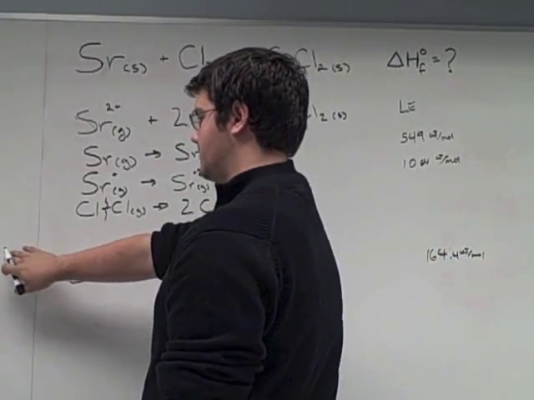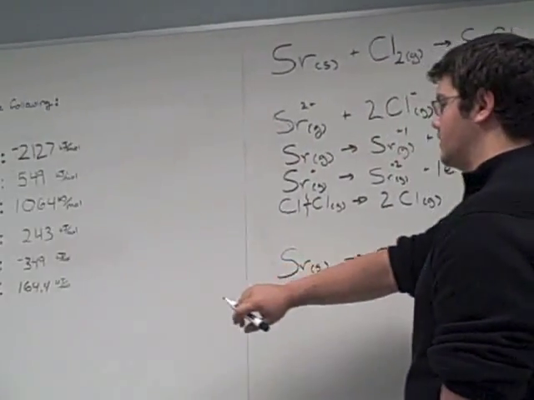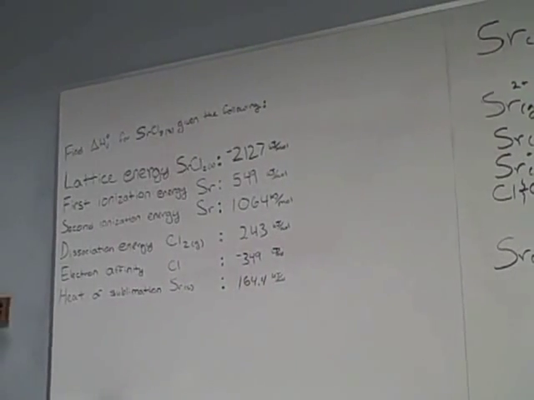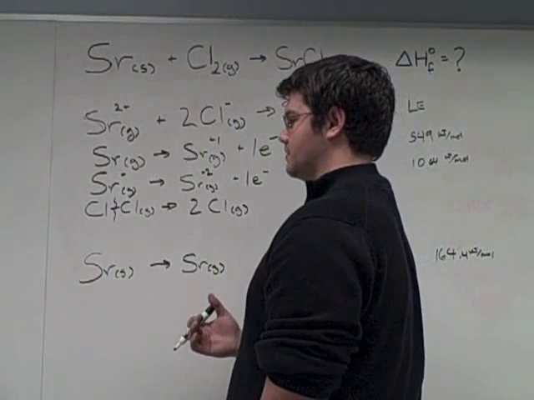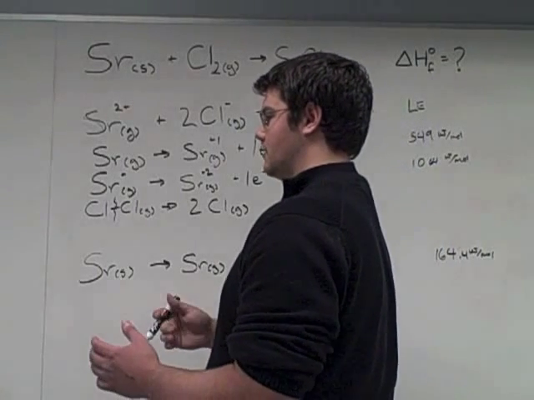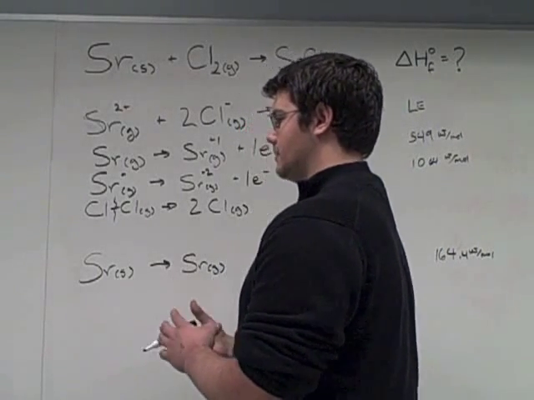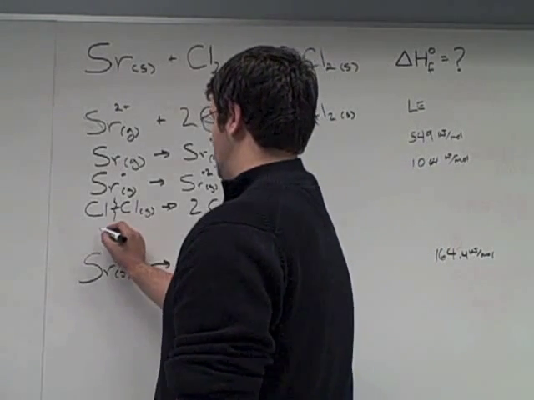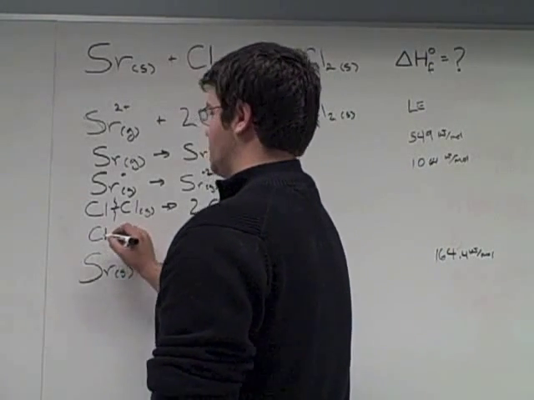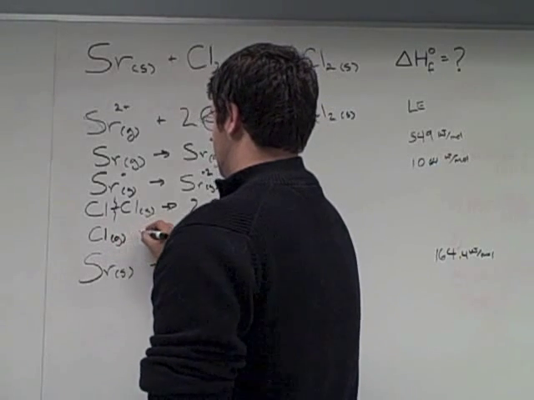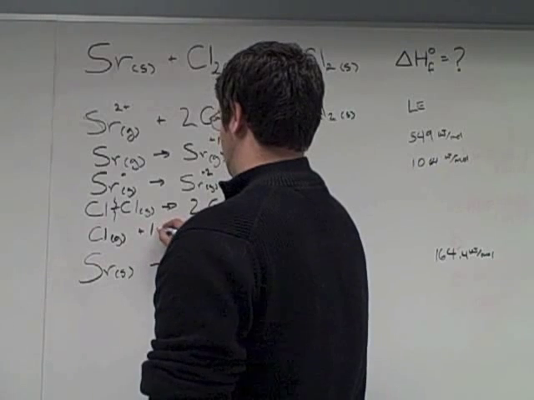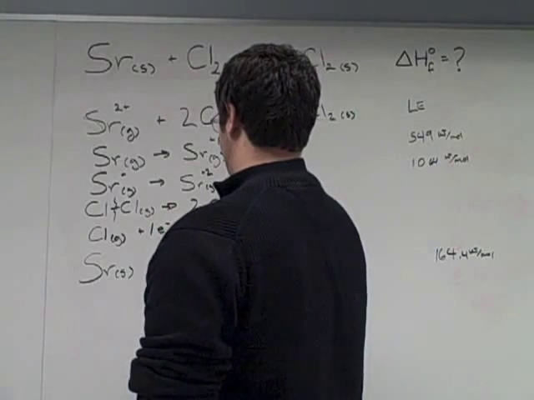And our electron affinity for chlorine. Electron affinity is the energy required to add in or capture 1 electron for an atom. So chlorine, remember this is not diatomic chlorine gas, and we're adding 1 electron in.